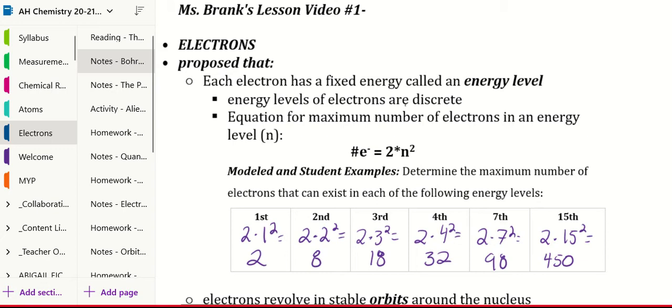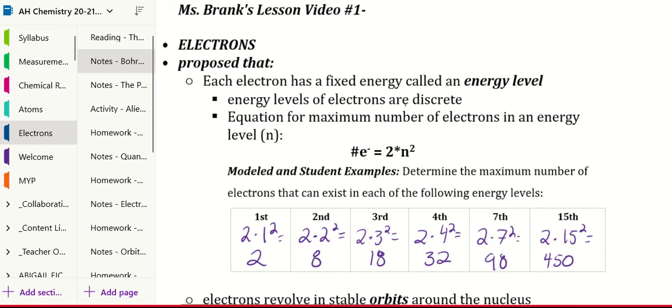The max number of electrons. And it's Bohr who introduced this idea of electrons existing in energy levels, and this is still the guiding idea at the beginning of electron location. Now, we will talk about scientists who fine-tuned more about electron location, but we still consider the energy level in which electrons exist.